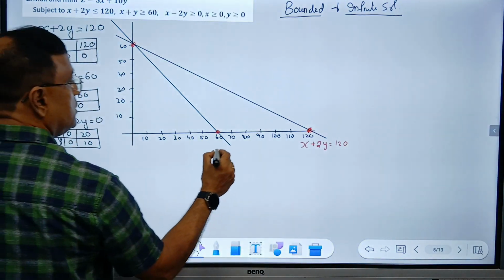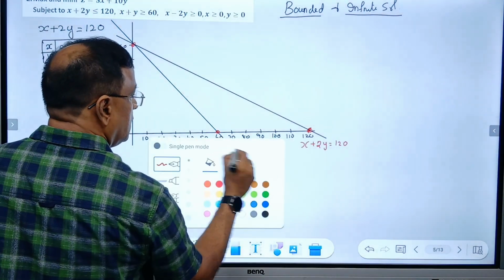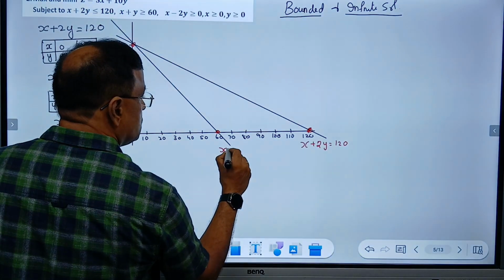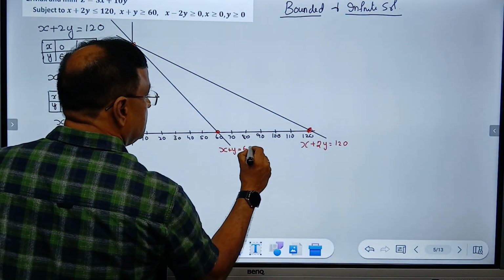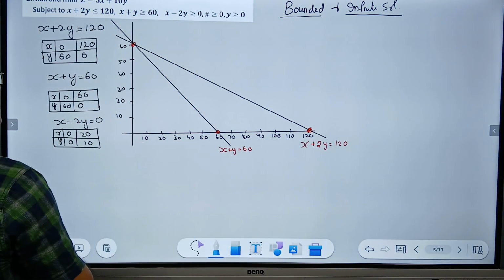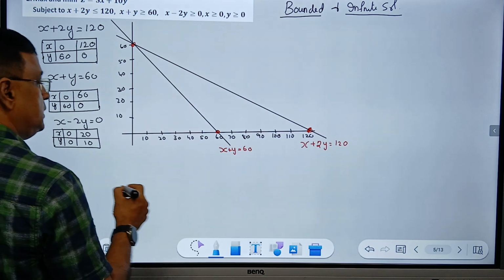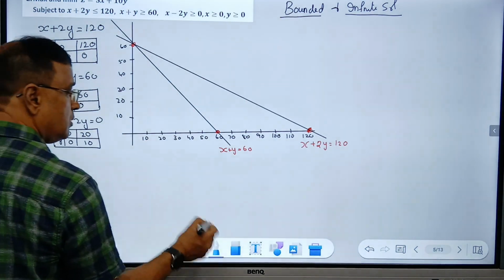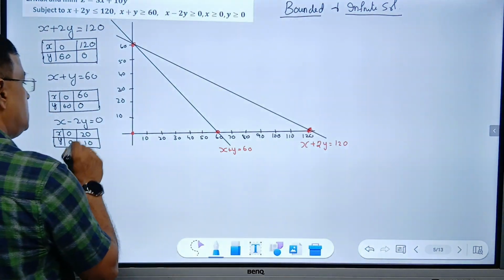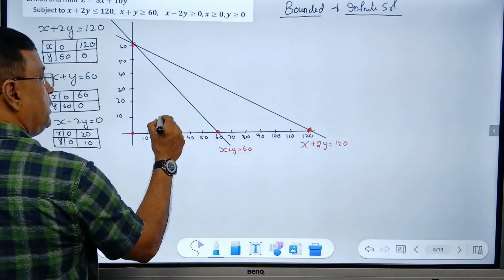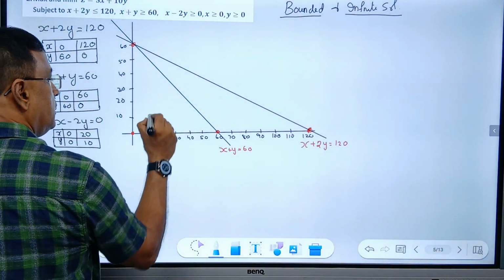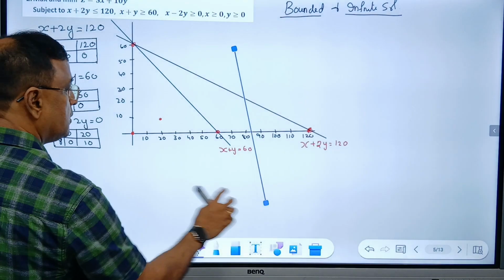What is the equation? X plus y equal to 60. The last one is 0, 0 and 20, 10. 20, 10 is somewhere here. Okay, let's plot this.